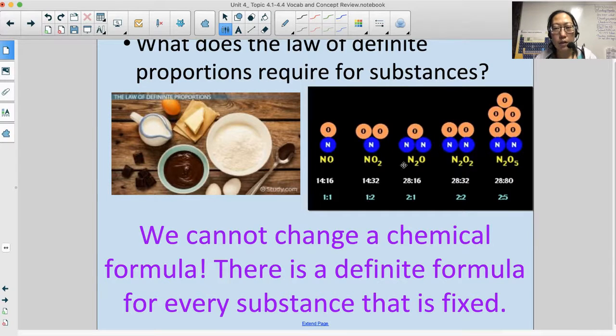These formulas are fixed. It means that if we know the ratio of nitrogen atoms to oxygen atoms, we know the formula and we know the substance. And the substance will not change. Its proportion of elements is fixed in place.